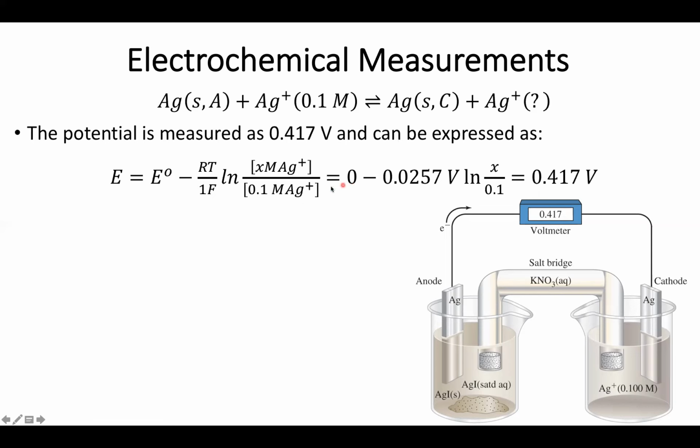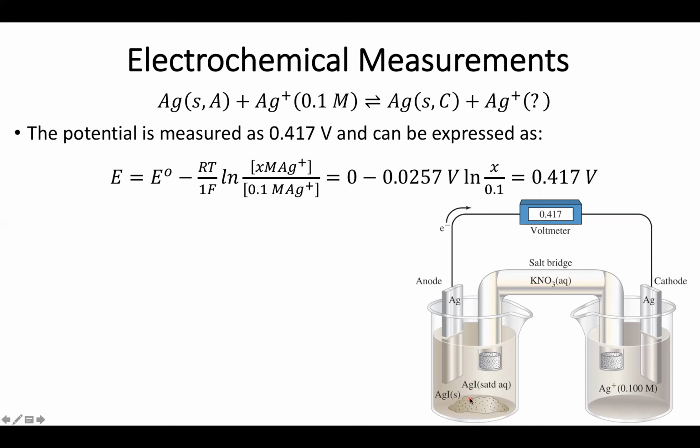Then all I need to do is find the number of electrons being transferred, in this case 1. R, T, and F are all constants, and at a temperature of 25 degrees, I can set them just equal to 0.0257 volts.